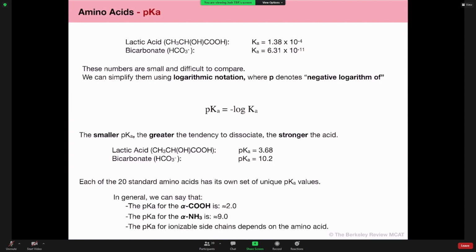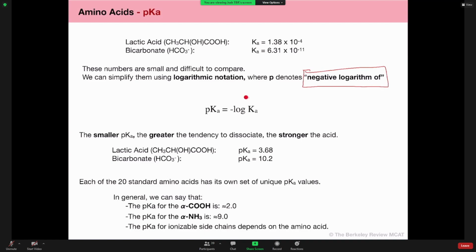Okay. So if we wanted to compare them, we simply switch them over to a logarithmic notation, which is denoted by P. And so whenever you see P, all it means is negative logarithm of. Okay, so you see pH, negative logarithm of H, right? And when you see pKa, it's negative logarithm of the ionization constant, Ka.